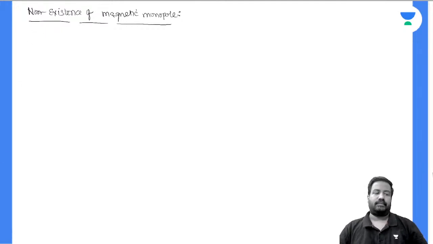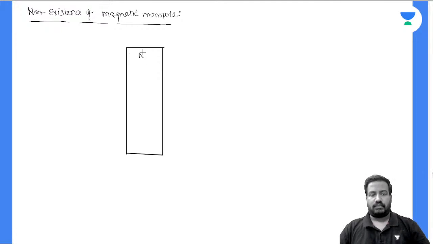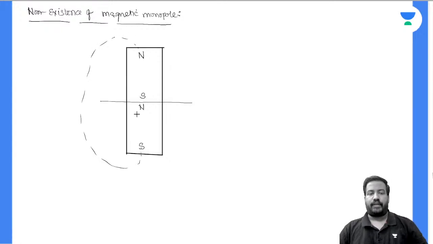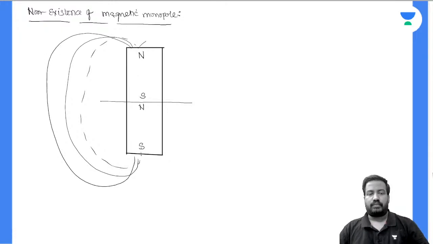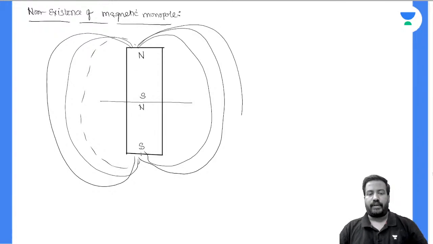That means if you take a permanent magnet, which has north pole and south pole, if you break this magnet into two, you have subsequently formed north poles and south poles, and there is a uniform magnetic field moving from north pole to south pole.